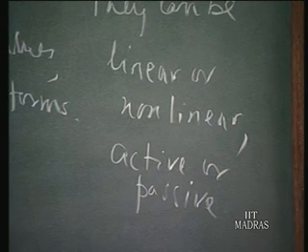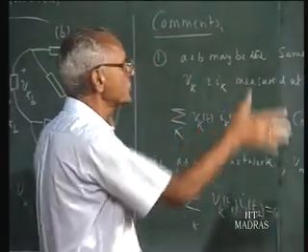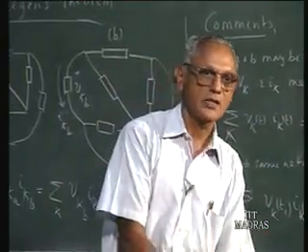The only requirement is Kirchhoff's current law and Kirchhoff's voltage law must be valid, and the two networks have identical geometry, so that you can put one element in one network in one-to-one correspondence with the other element.